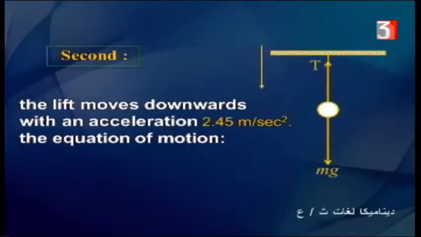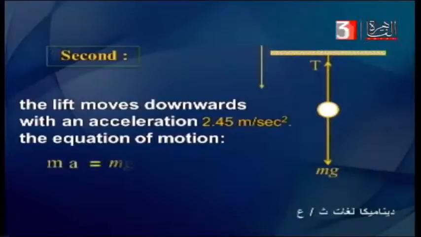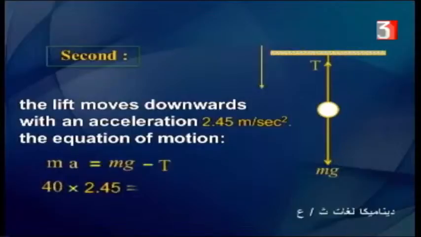Yes, mg is in the positive direction, but the tension T is in the negative direction. Then the equation is ma equals mg minus T. The mass of the body is 40 kilogram, times the acceleration 2.45, equals 40 times 9.8 minus the tension in the string.